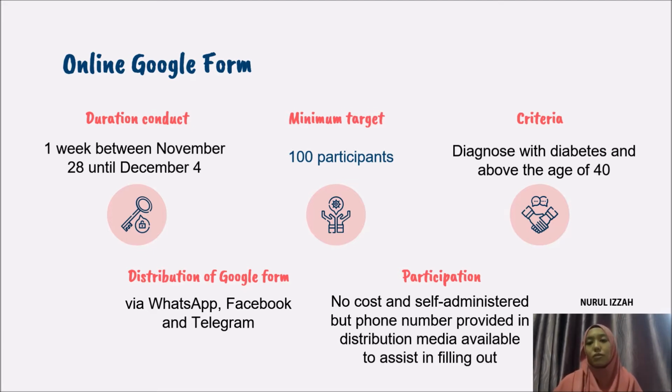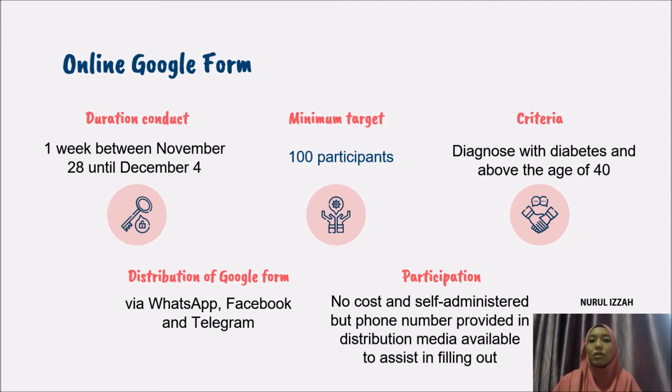After approval was obtained from the moderator, the questionnaire via Google Form was distributed by a group of 6 members to at least a target of 100 diabetes patients aged above 40 years old through the link shared on WhatsApp, Facebook, and Instagram. The participation was no cost and self-administered.